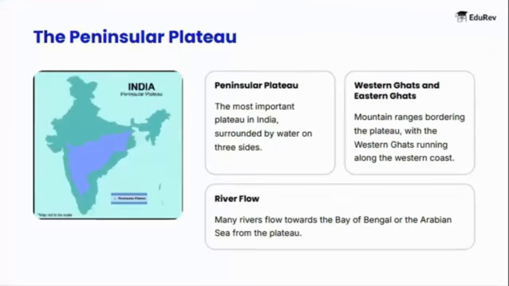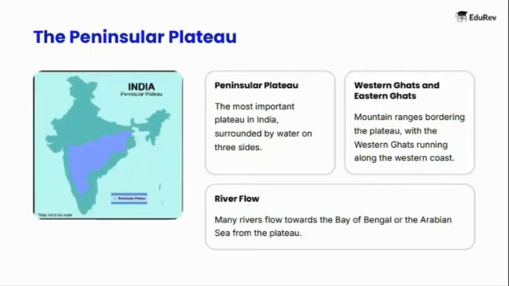Now let's get through the Peninsula Plateau. It is a piece of land that is surrounded by water. On its sides, we have many plateaus, but the most important is the triangular peninsula area.